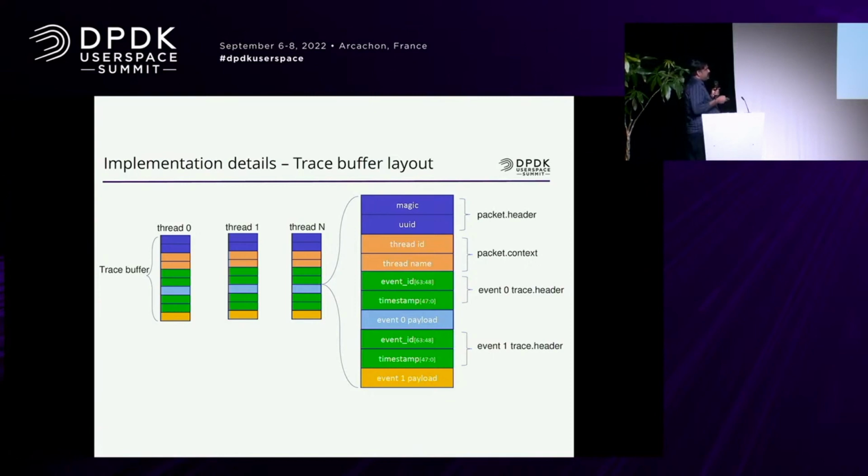Now the actual data path, where the real action comes. When you emit a trace point, it's going to write a 64-bit word, which consists of the event ID of 16 bits and the timestamp of 48 bits, right? The beauty is how quickly you can form this 64-bit word and write it to this memory.